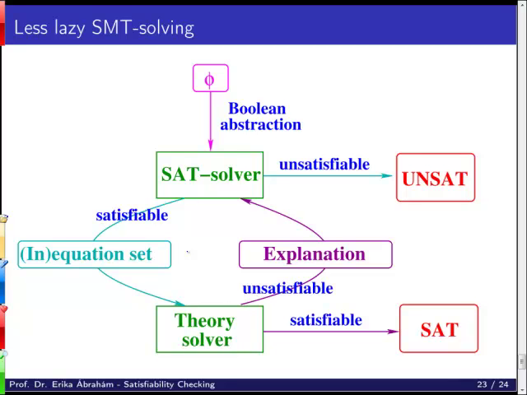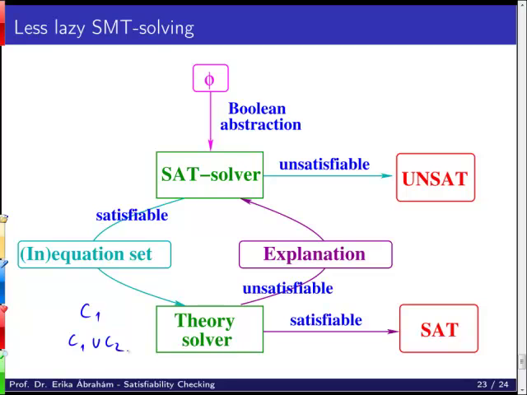Then the SAT solver will take the next decision level, make further assignments, and then collect the new constraints and give them to the theory solver. And now the theory solver starts the check again. So it first checked the set C1, and now it has the set C1 union C2 of constraints. C1 corresponds to the first decision level, and C2 is the set of constraints from the second decision level.